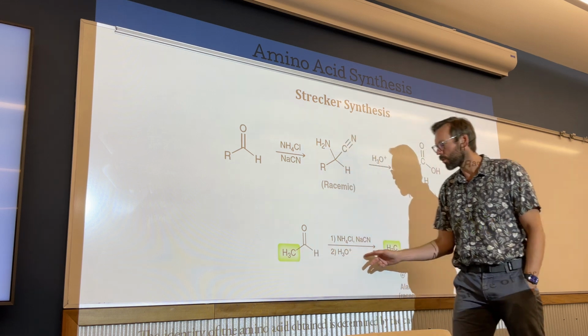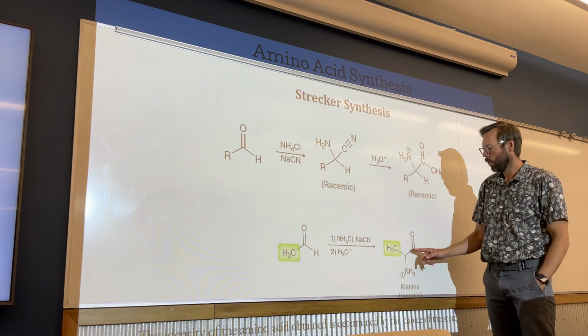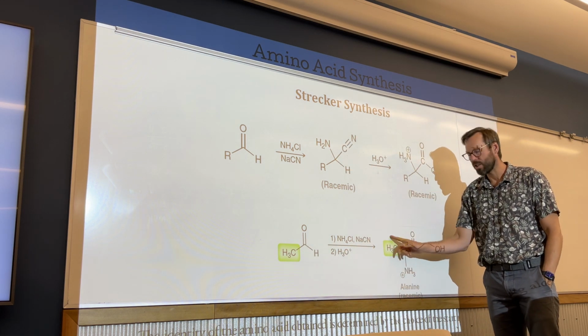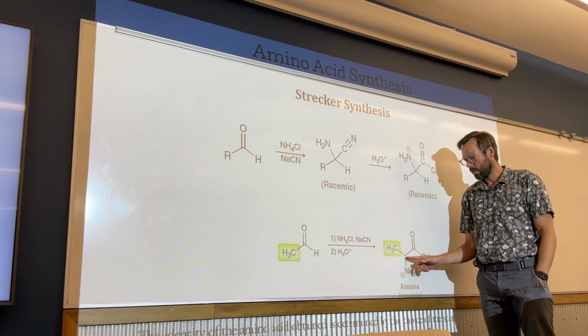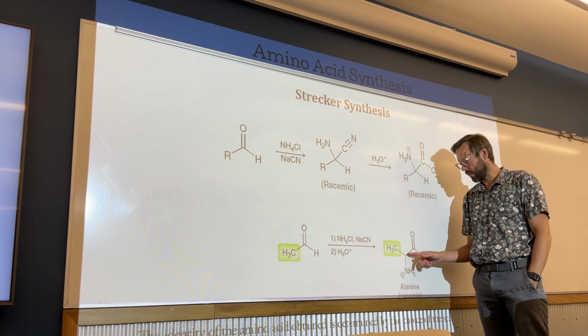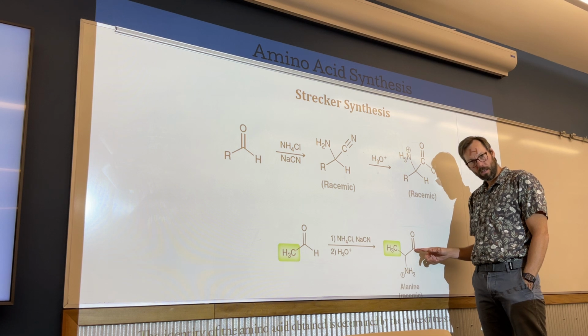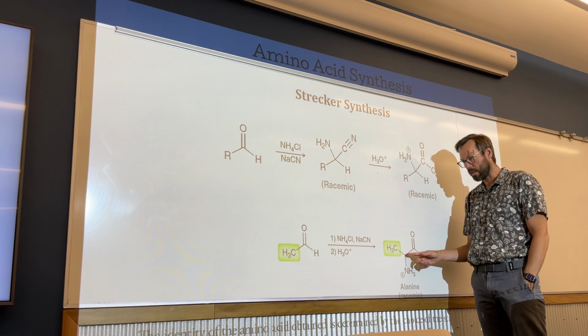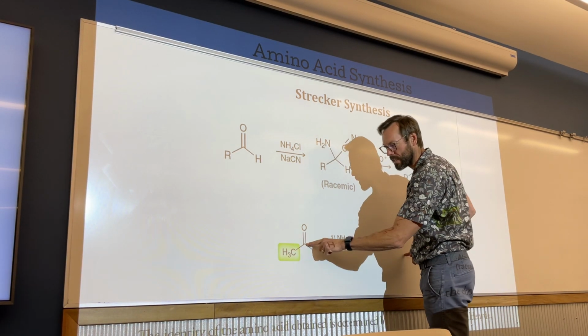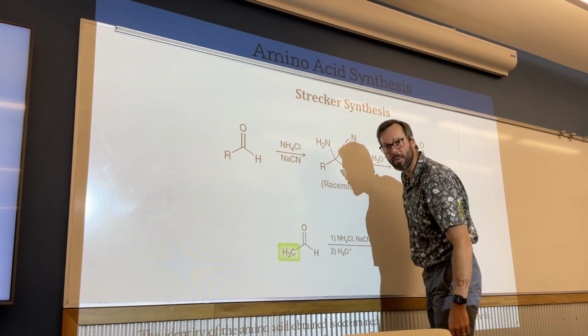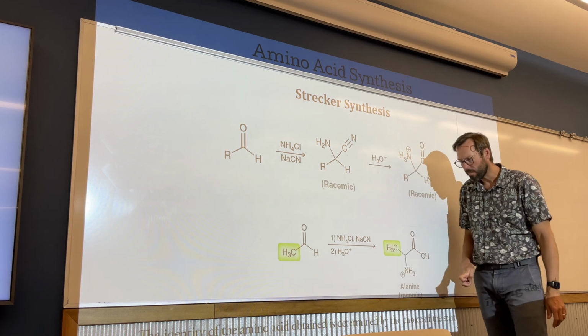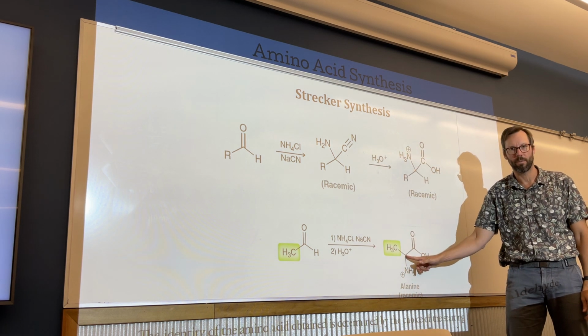But then once we go through this process, we end up attaching that R group to the alpha carbon, which is the carbon connected to that carbonyl. Okay? So it's no longer directly attached to this, because then it wouldn't be an amino acid anymore. You know? It's going to be attached to that alpha carbon.